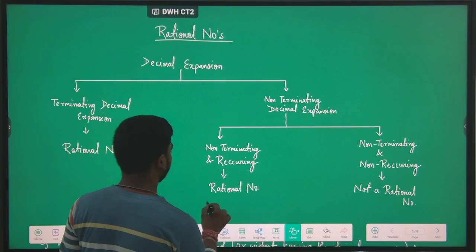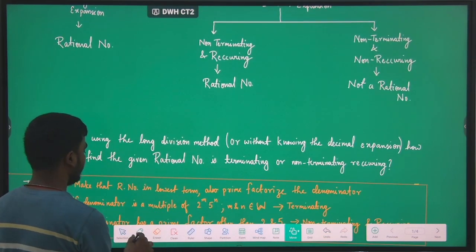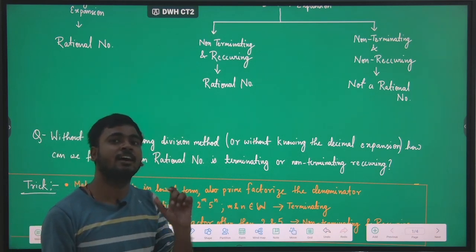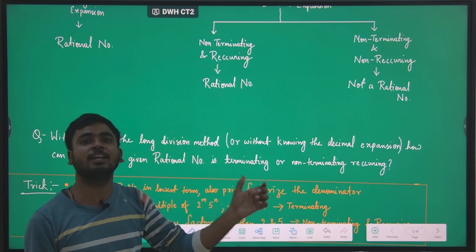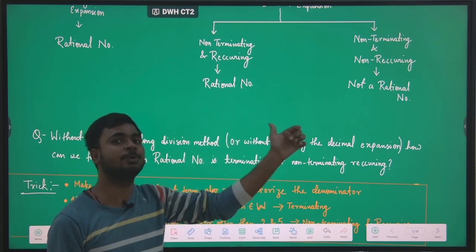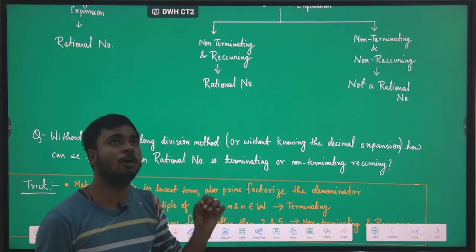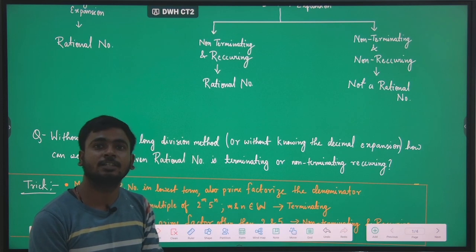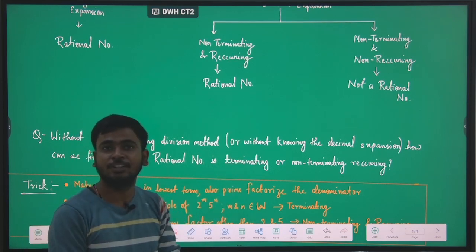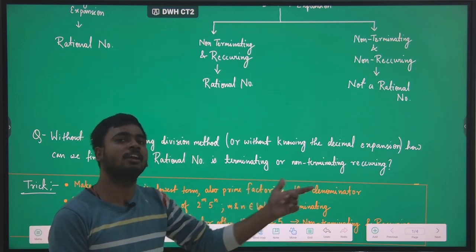First of all, till now we have studied how to express a decimal expansion as a rational number. But if the opposite case is given, that a rational number is given, we have to find out whether it is terminating or non-terminating.